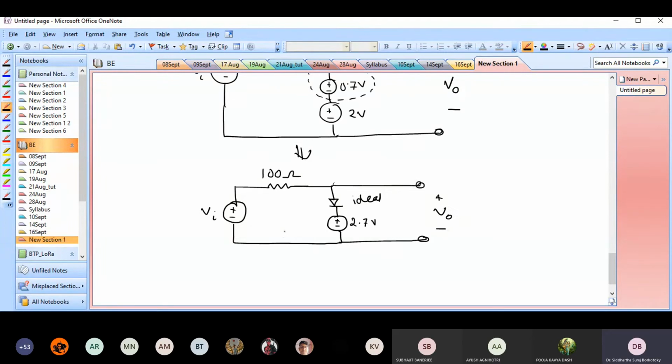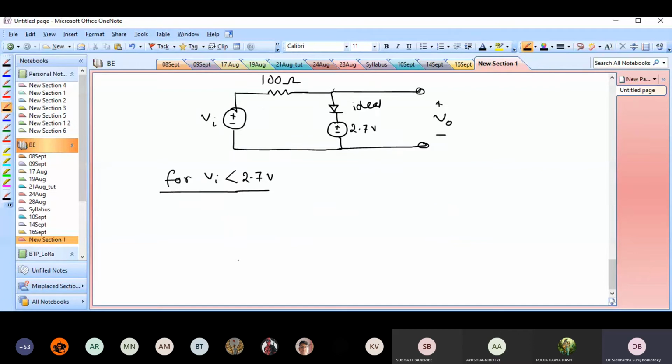So clearly this diode would conduct only when Vi exceeds 2.7 volts. So if Vi is below 2.7 volts, in that situation, what you have is an open circuit.